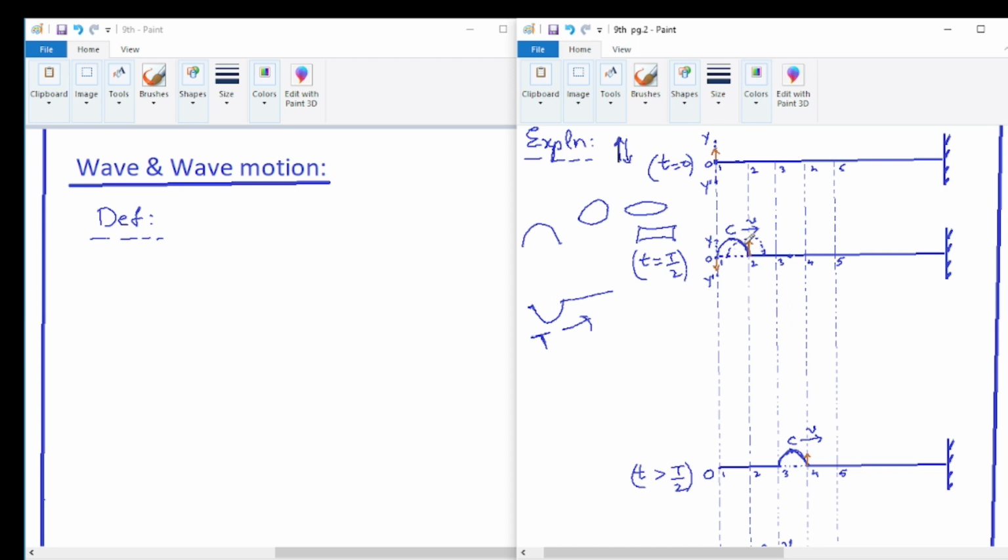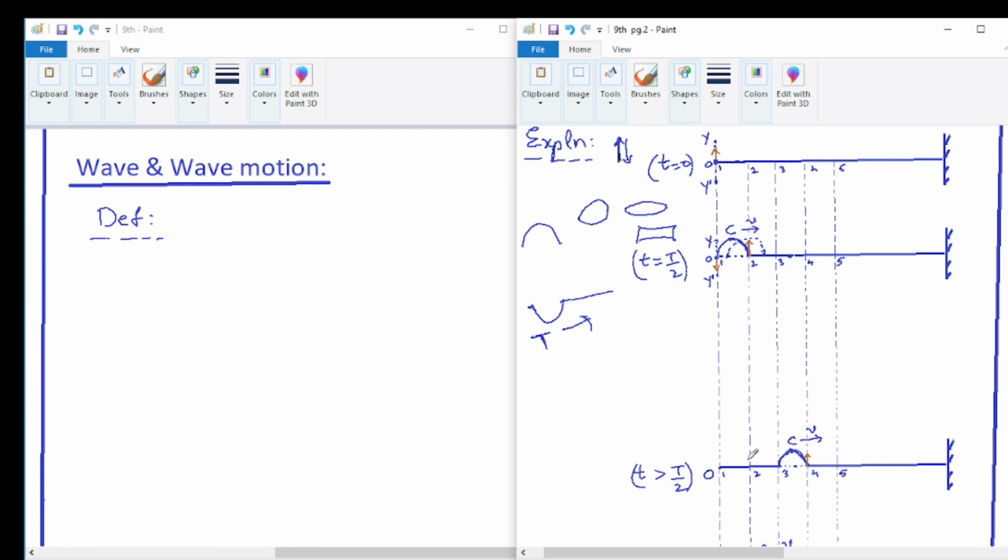When the center of the crest advances from here to here, particle 2 goes up, moving upwards to reach its extreme position. And when the crest passes away from this region, particle 2 again returns to its original condition. That is what happens at a time much greater than t by 2.